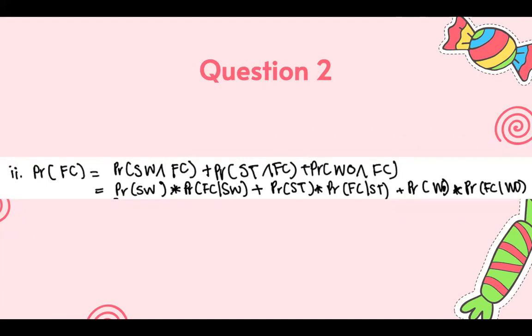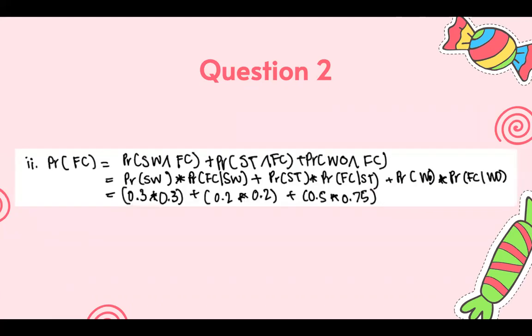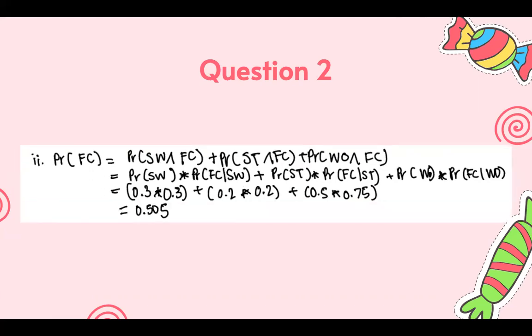And then do the same thing with Stella and Wollaston candies. And then we plug in the values, which is 0.3 times 0.3 plus 0.2 times 0.2 and plus 0.5 times 0.75 given in the problem, which gives us 0.505.